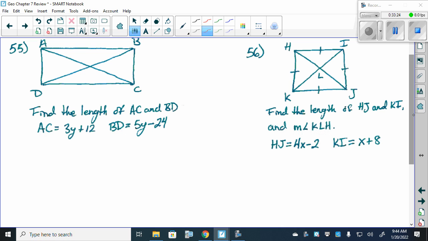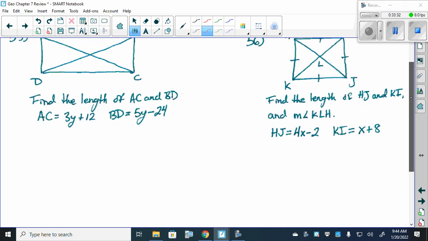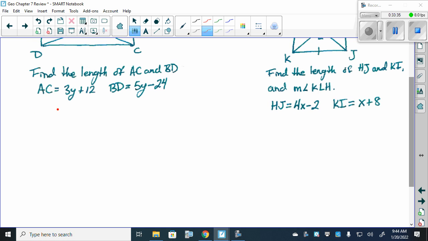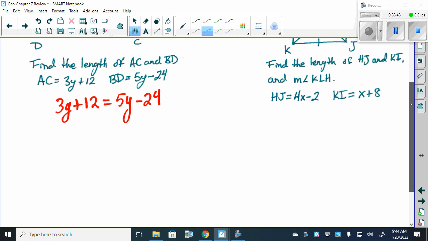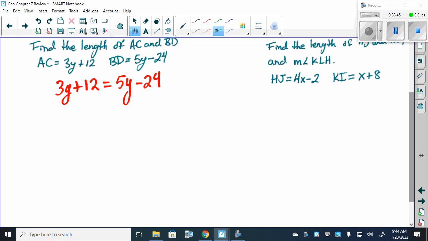Find the length of AC and BD. Well, if it is a rectangle, the diagonals are congruent. So we can set these two equal to each other and solve for the value of y. And then plug it back in because it's asking for length.